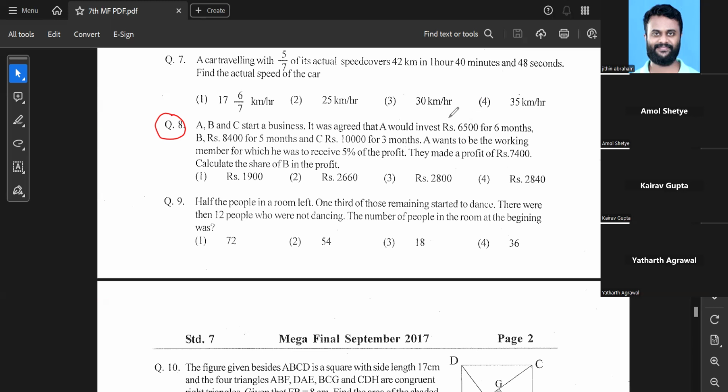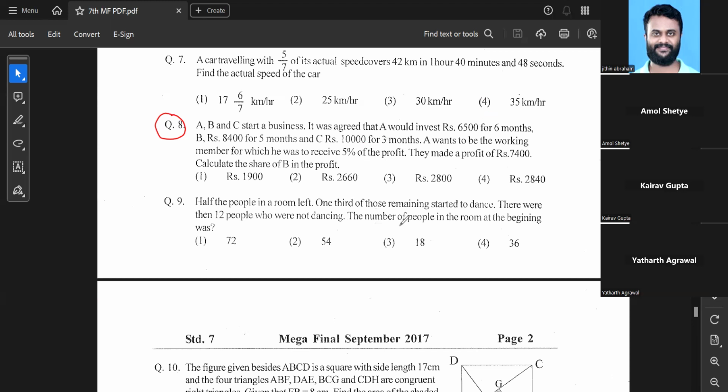One for the amount which he has invested. Apart from that, he will get an additional 5% because he is also working. It's not that he just put in money and sat. The other two have invested the money, but they are not working. A has invested the money plus he is working. Hence, he'll get one share of profit for the investment and another share for the working he's doing.